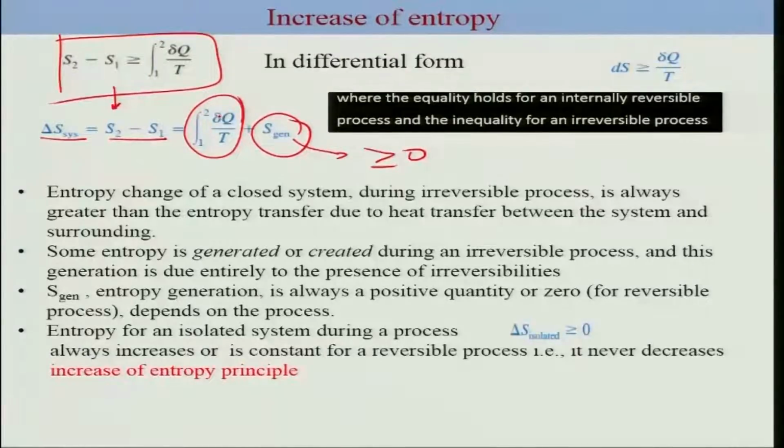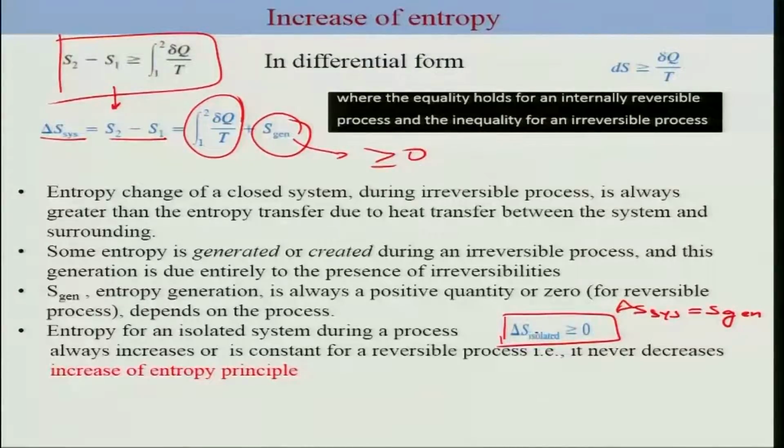So if you consider an isolated system during a process, which essentially means there is no heat transfer, then this term is going to be 0, and your delta S system will be just simply S generation, okay? Considering S generation is greater than or equal to 0, your entropy change for an isolated system during a process will be always increasing, or remain constant for a reversible process.